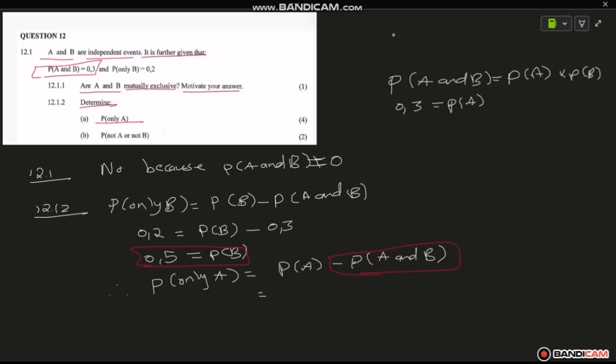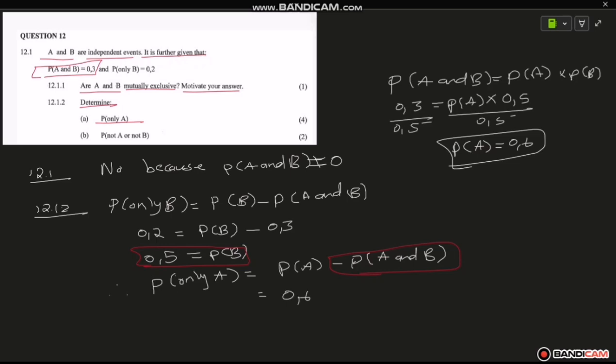We don't have P of A, times P of B, which we do have, which is 0.5. Then we divide both sides by 0.5 to solve for P of A. Then P of A is going to be 0.6. P of A equals 0.6.